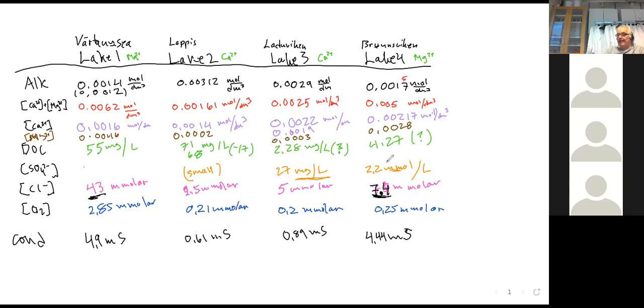So 96 is approximately 100. So this will translate approximately to the same figure in milligrams per liter, 2.2 millimoles times 100, which is 10 times bigger than that one.